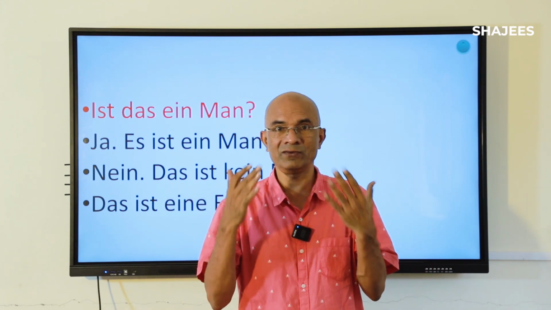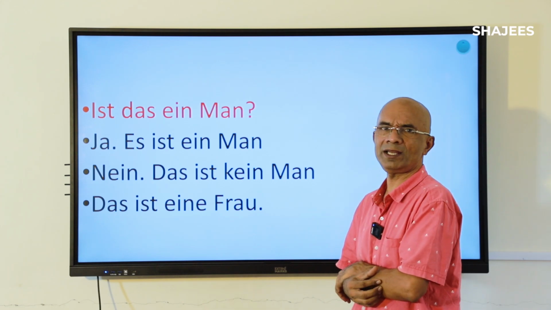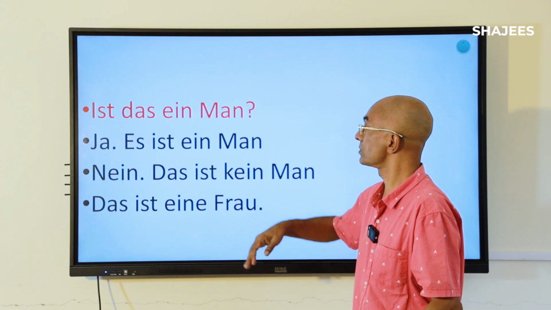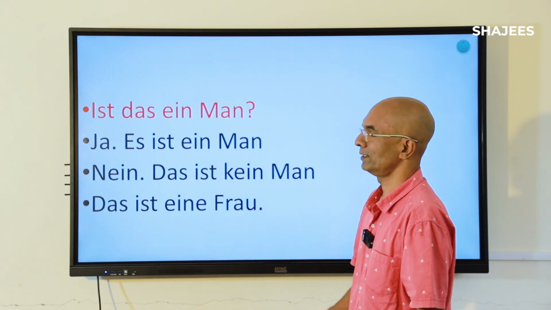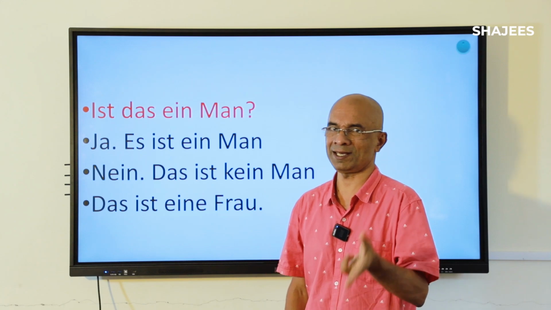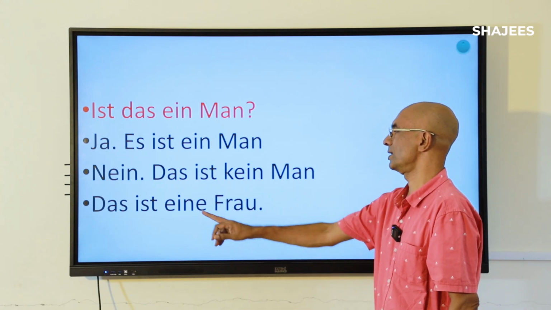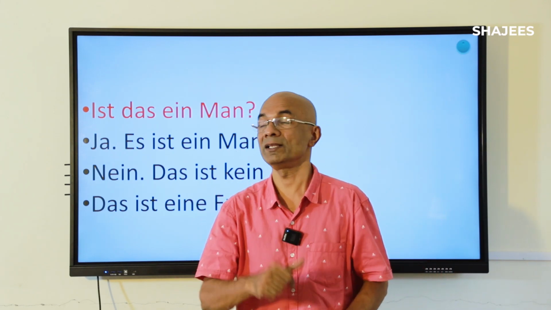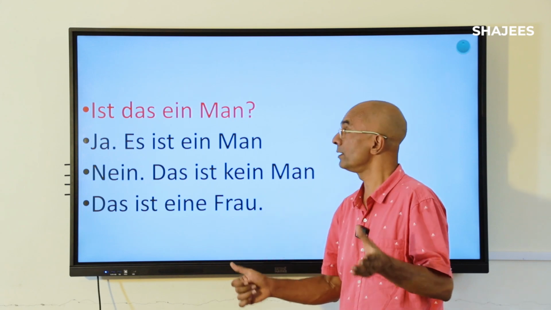Then we say, is this ein Mann? Someone says, yes, of course, it's ein Mann. Then someone says, nein, no, you're mistaken. That is kein Mann. That is eine Frau. That's not a man, but a lady.